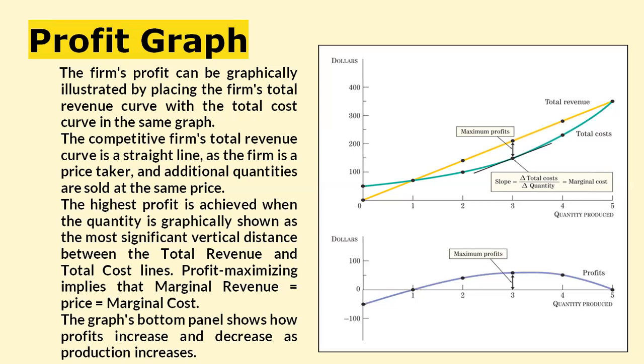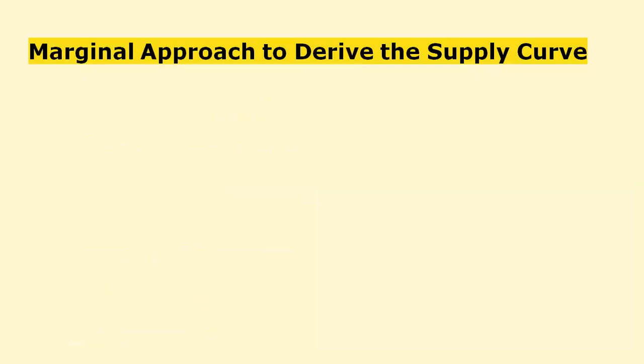The graph's bottom panel shows how profits increase and decrease as production increases. Marginal approach to derive the supply curve.